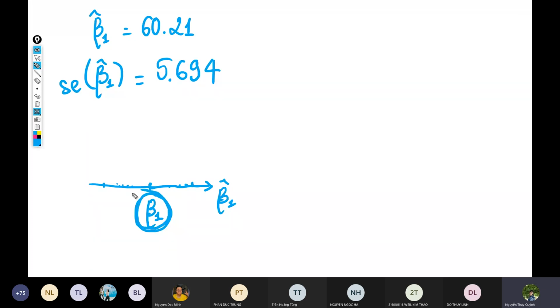Usually in statistical estimation, this is the point estimate of beta 1. But the actual value of beta 1 can be different from this one.